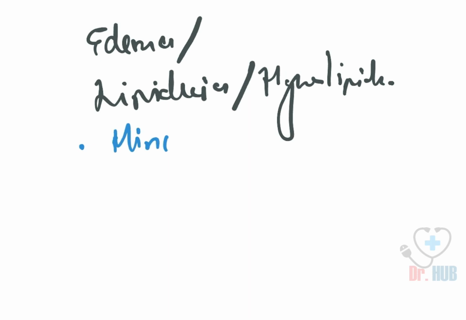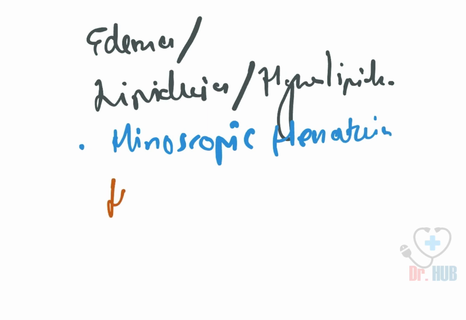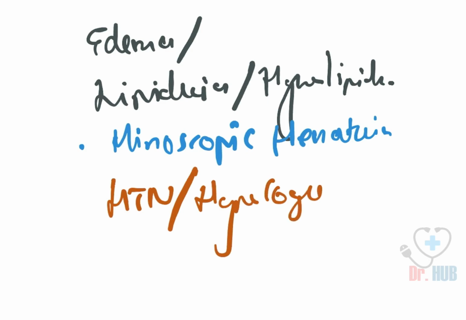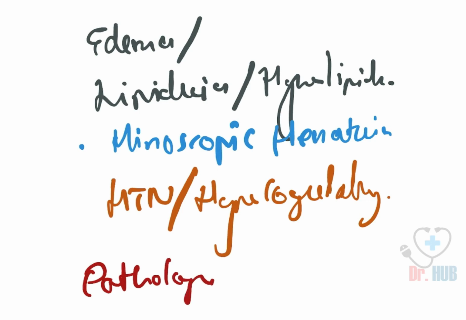Next, there is also microscopic hematuria. There is presence of hypertension as well as hypercoagulability. Then we look at the glomerular pathology.